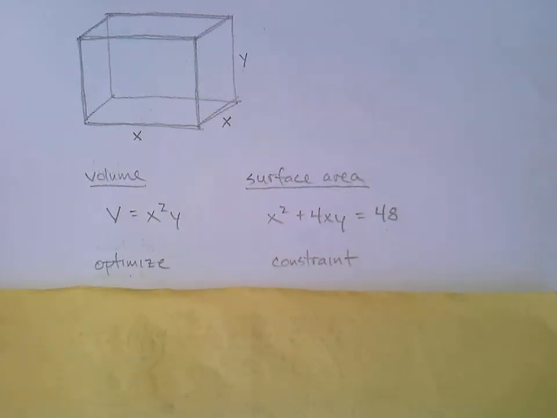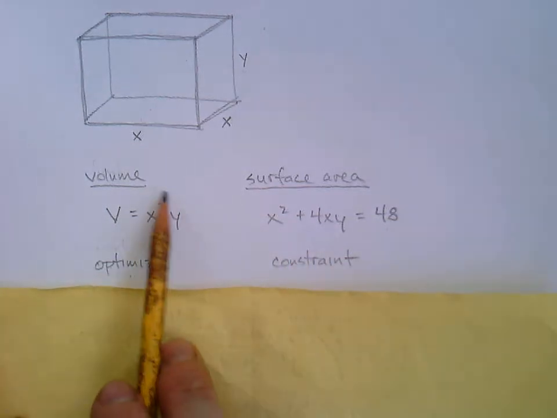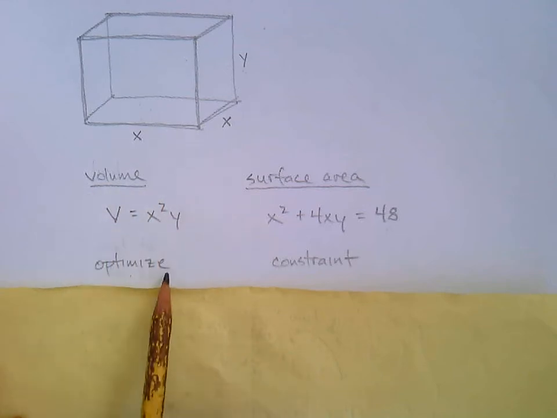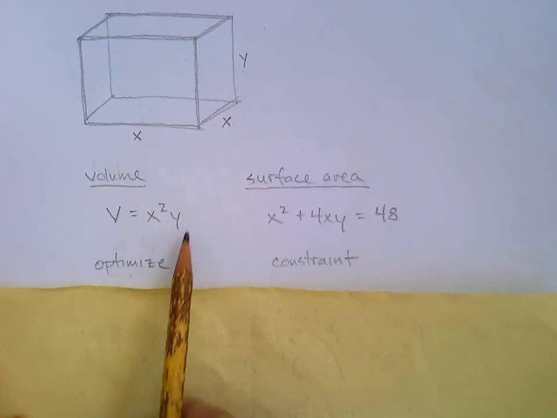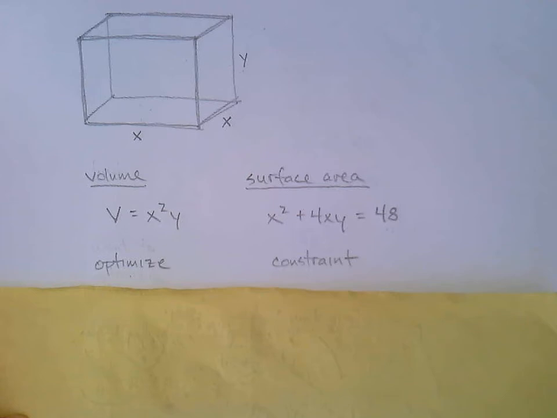Here's what we're going to do. At the end of the day, this is an absolute max or min problem. Here it's finding the absolute max of the volume. So we need one function and an interval, and then we'll go through the steps. But how do we do that? At this point, we've got these 2 things. What we're trying to optimize is the function in the absolute max or min problem.